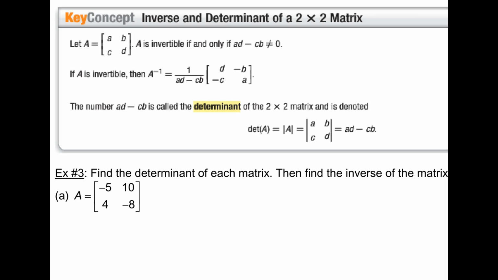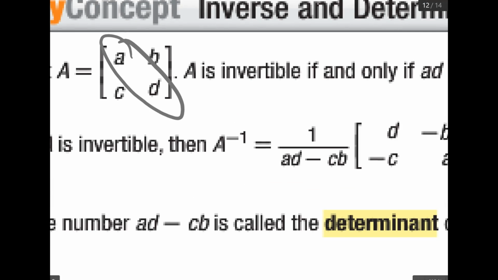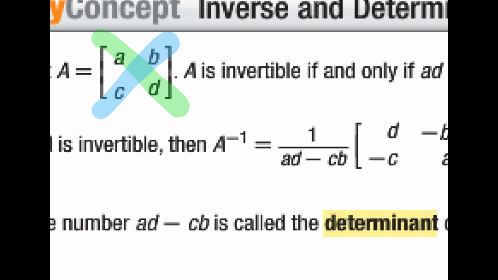Okay, so A has an inverse matrix only if you multiply this diagonal, and then you subtract the other. Let's restart that. Multiply the main diagonal, and then you subtract the multiplication of the backwards diagonal. This is of a 2 by 2 matrix.